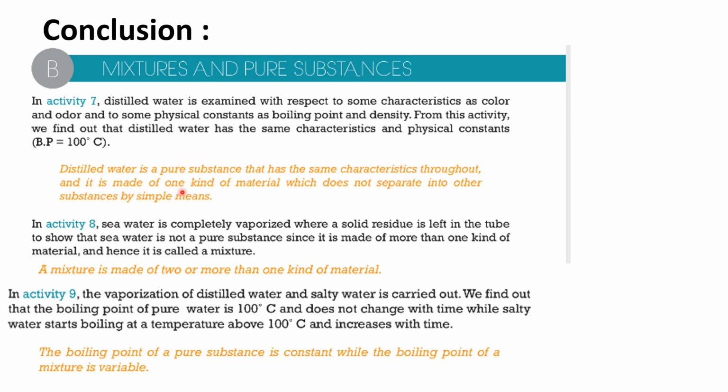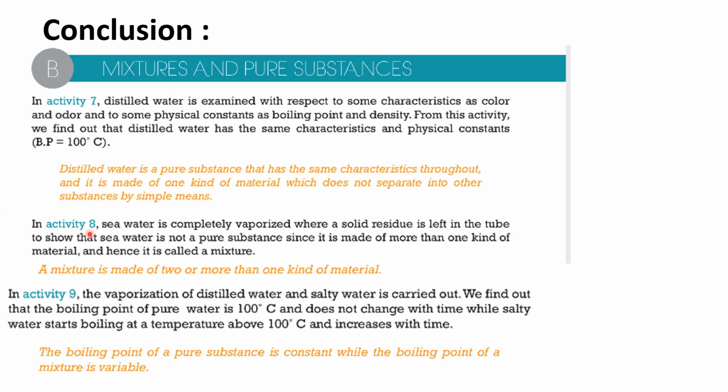and it is made of one kind of material which does not separate into other substances by physical means. So the pure substance is made up of one kind of material and it has specific and constant characteristics, and also it has the constant physical properties such as the density and the boiling point, the melting point.